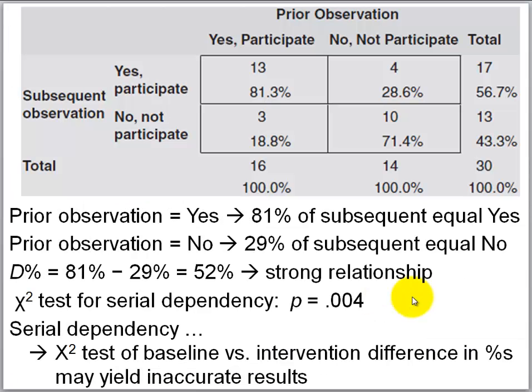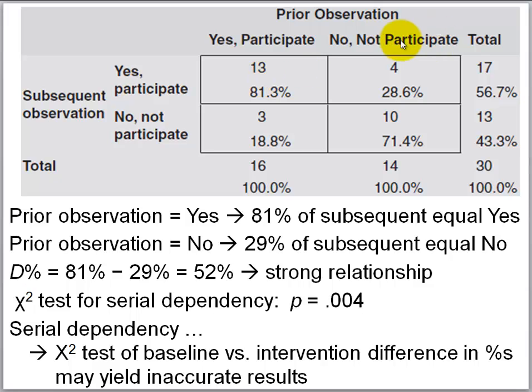So we can look at this data in the format of a crosstab table. We're listing the prior observation as our column variable. If the immediately prior observation was yes, participate, then 81% of the time, that is 13 out of 16 cases, the subsequent observation was yes, participate.